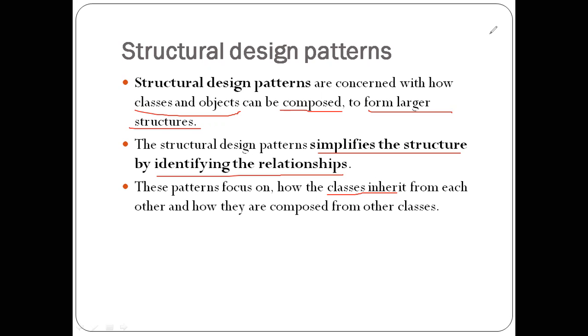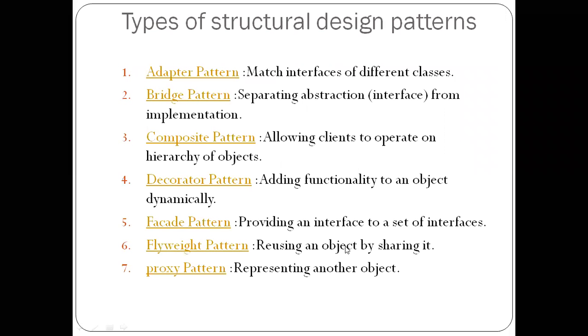Now we are going to discuss the types of structural design patterns. There are 7 types of structural design patterns. The first one is the adapter pattern. Adapter pattern in the sense that by using this design we are going to match interfaces of different classes.